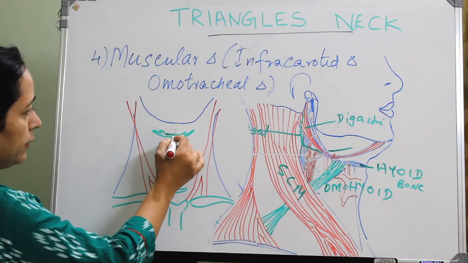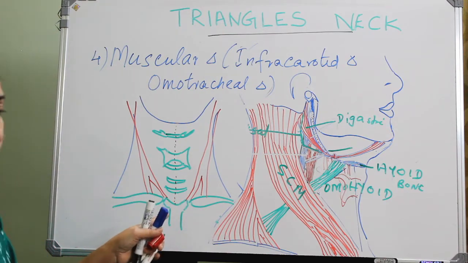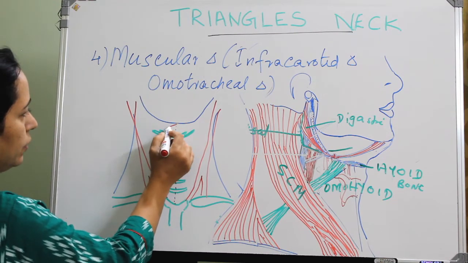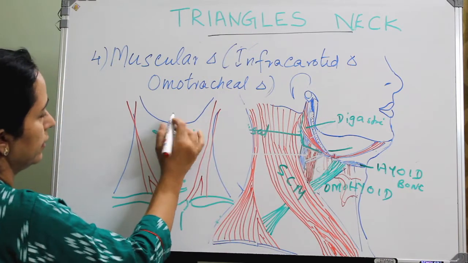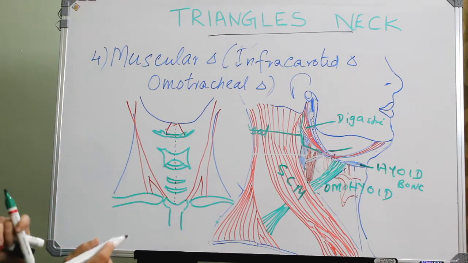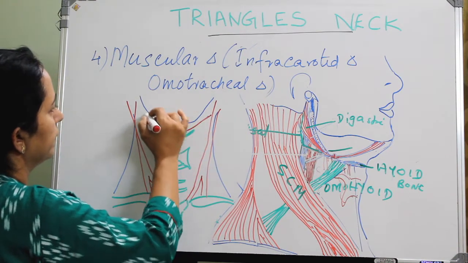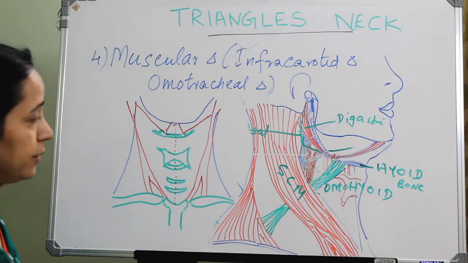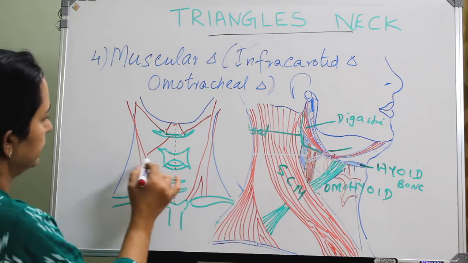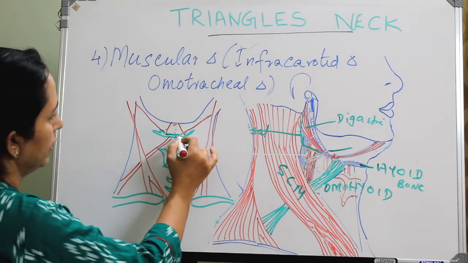So this is the midline from the hyoid bone up to the sternum, and in this midline, first you have the digastric, the anterior belly, and in between the two anterior bellies of digastric you have the submental triangle, and from there is the posterior belly, so that became the submandibular triangle, and next came the omohyoid muscle, this one, and it has a superior belly and an inferior belly, this side also.